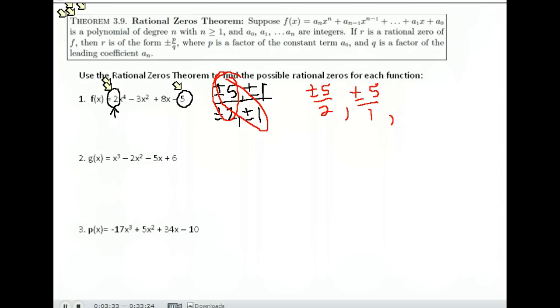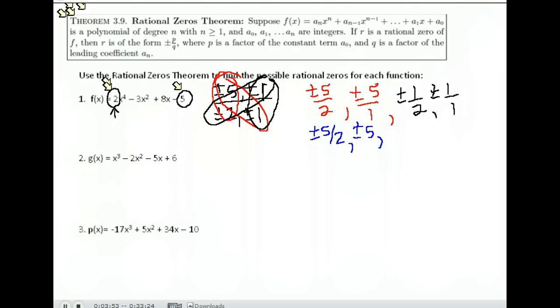And then I go to the 1. I'm going to do this one in green so we can separate. I go 1 over 2 and 1 over 1. Okay, so I've done each possible division. I'm going to reduce any that can be reduced. It looks like my possible rational zeros are positive and negative 5 halves, positive and negative 5, positive and negative 1 half, and positive and negative 1.